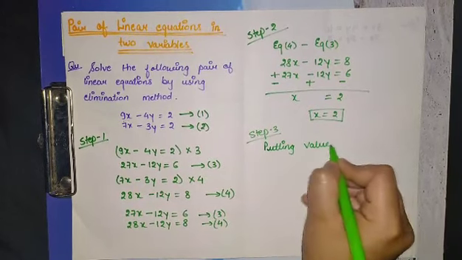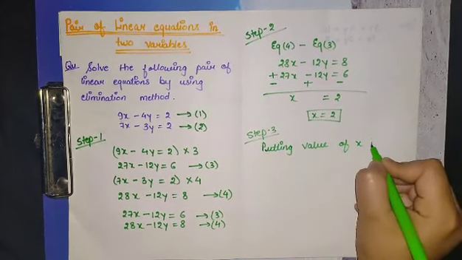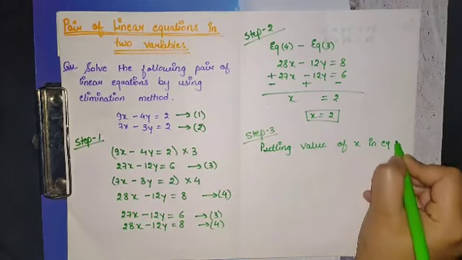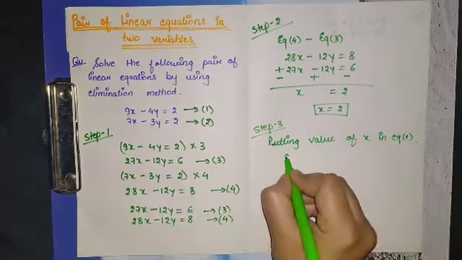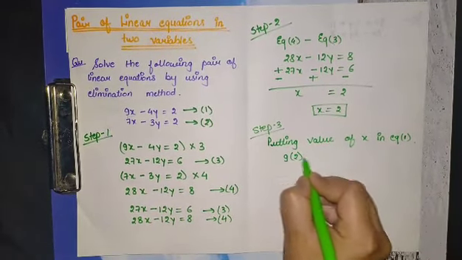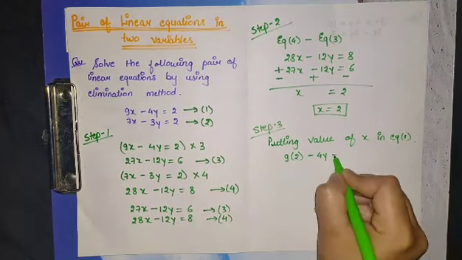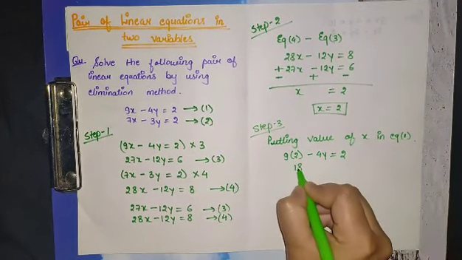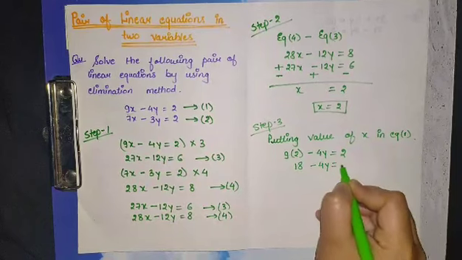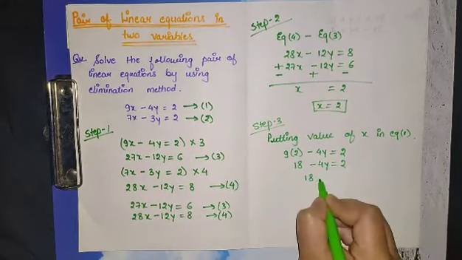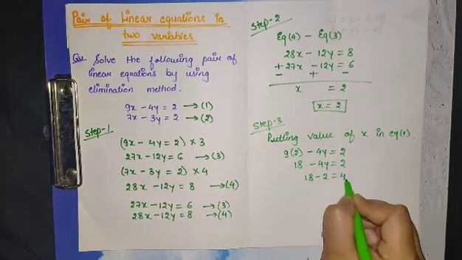Step third. Putting value of x in equation first. 9 into 2 minus 4y equal 2. 18 minus 4y equal 2, 18 minus 2 equal 4y.